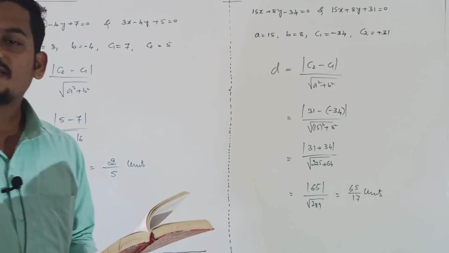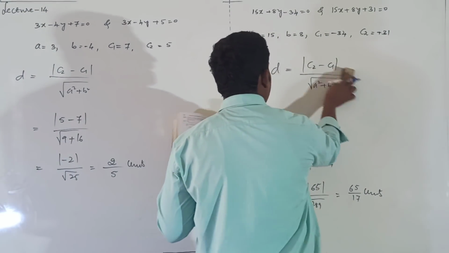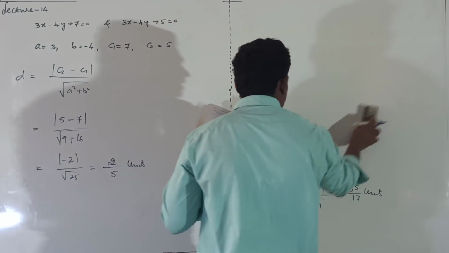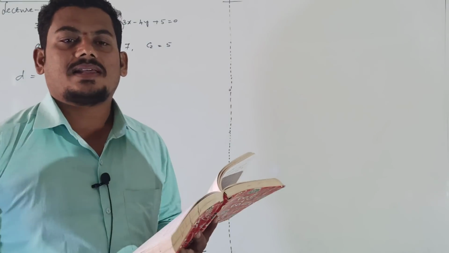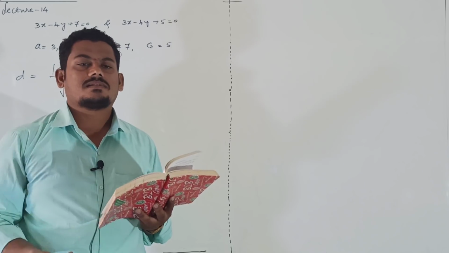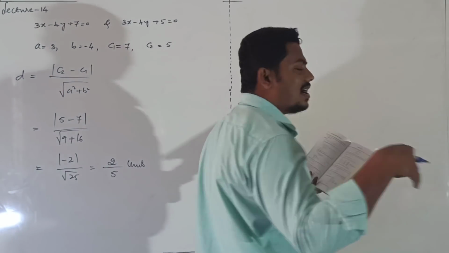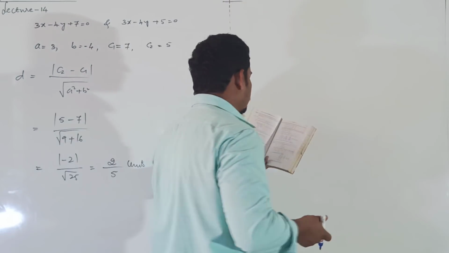Distance between the lines means they must be parallel, otherwise finding the distance between two lines is impossible if the given two lines are non-parallel, right? Find the distance between the lines means they are clearly parallel. Remember this thing. If non-parallel lines are given, then we can't find the distance, right? It is not possible to find the distance between non-parallel lines.